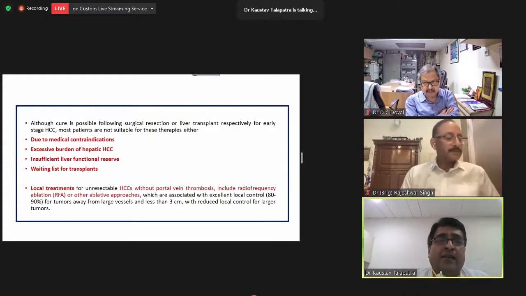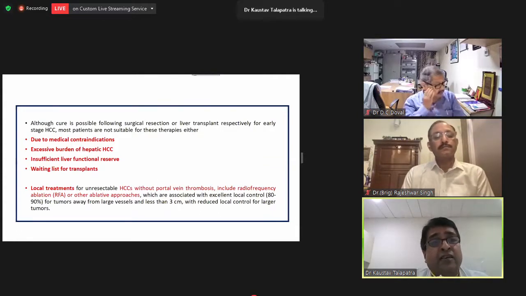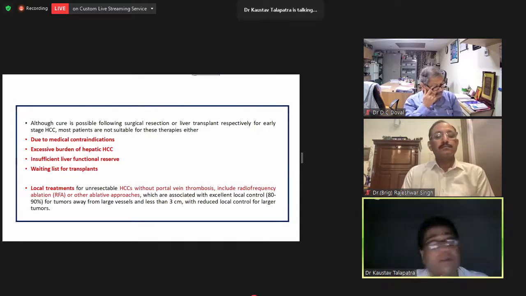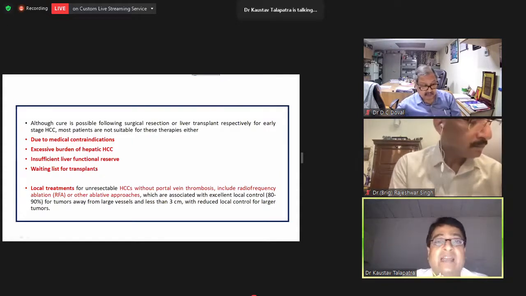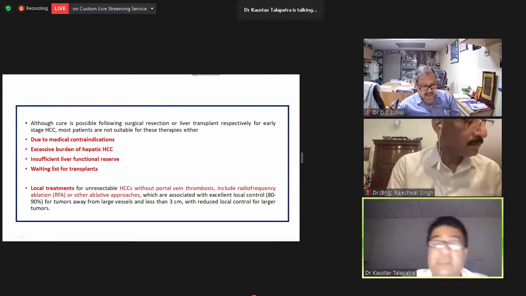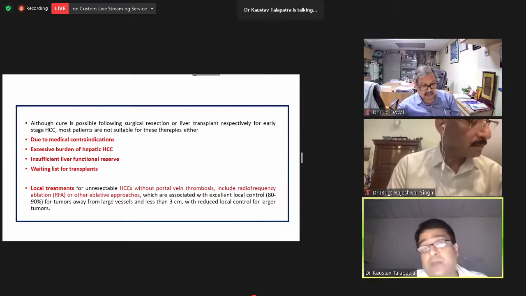But still, there are patients who, due to medical contraindication, excessive burden of hepatic HCC, or insufficient liver functional reserve, are unable to undergo surgery. Similarly, we understand that the paradigm of RFA has enhanced, and they do RFAs in many more patients than what was being done probably a decade ago.